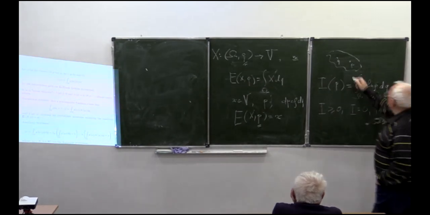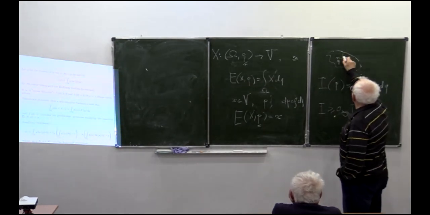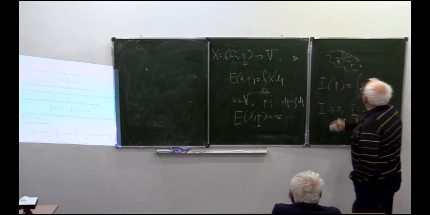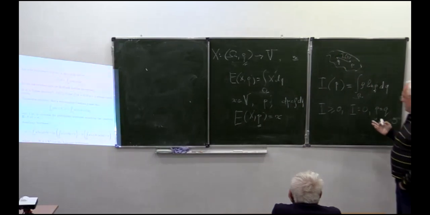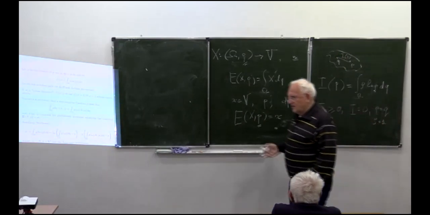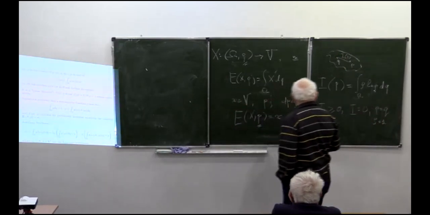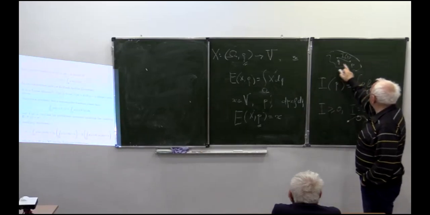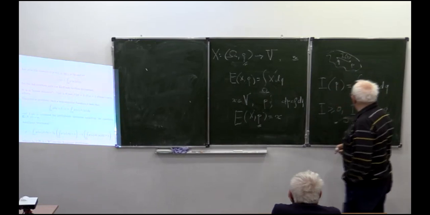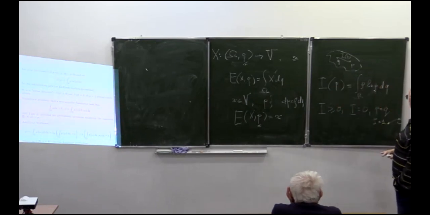So this function can serve as some distance. It's not a distance strictly speaking because it doesn't satisfy the triangle condition. It depends on the order of p and q. But it's not important for us.